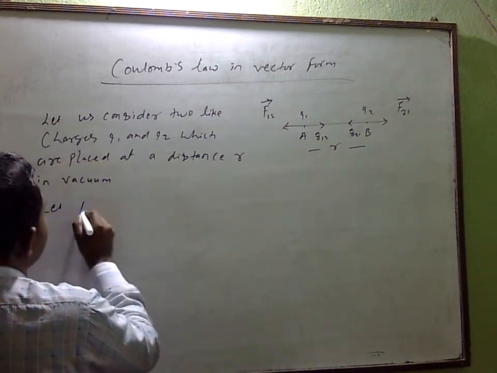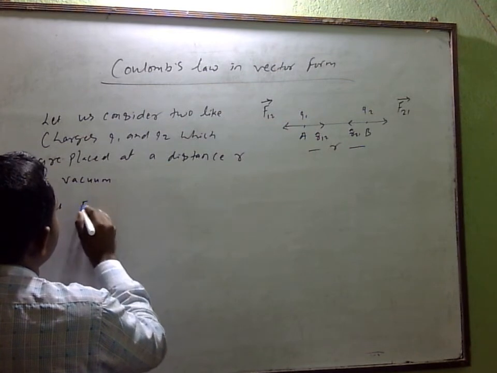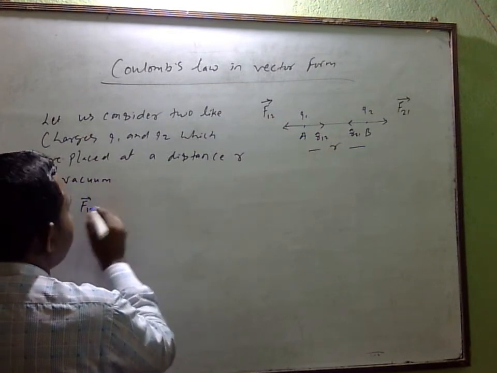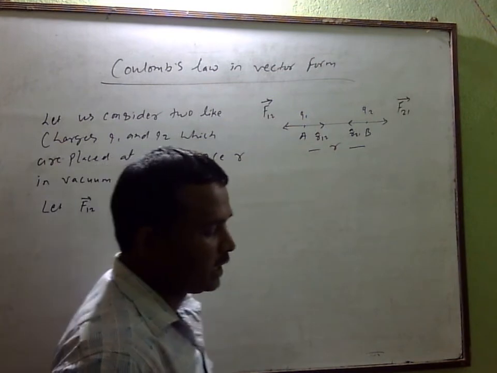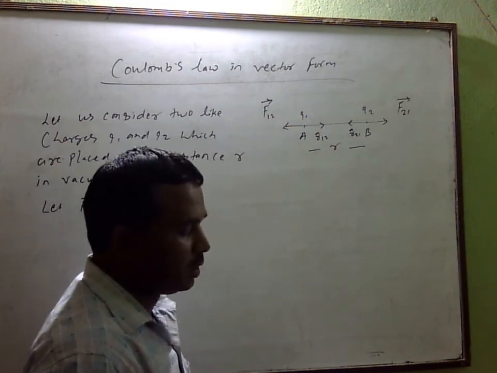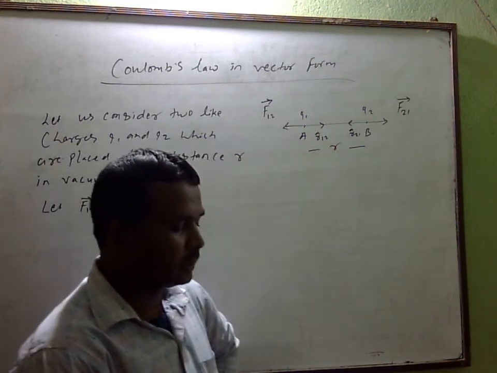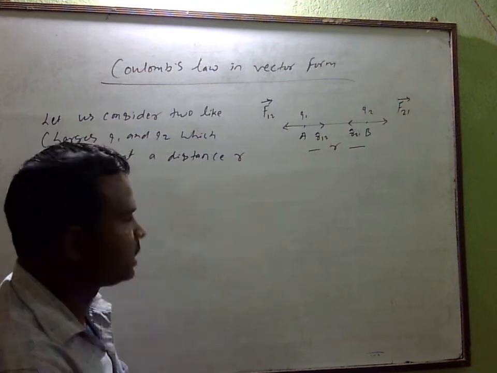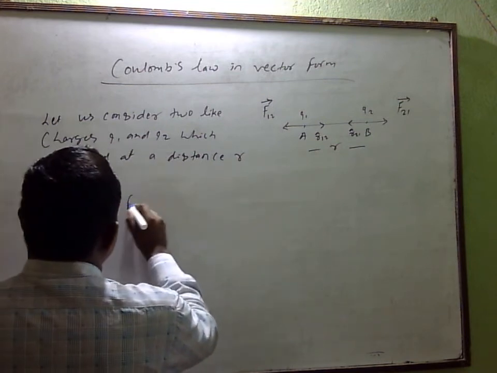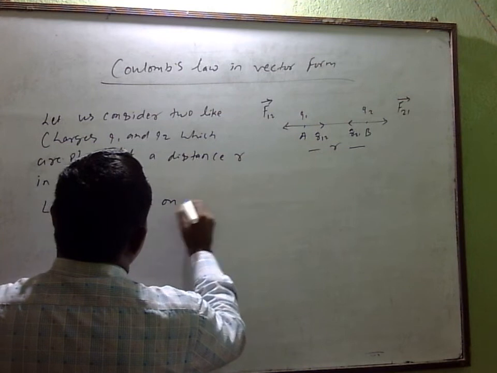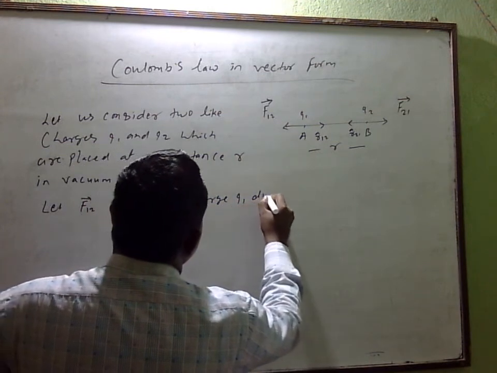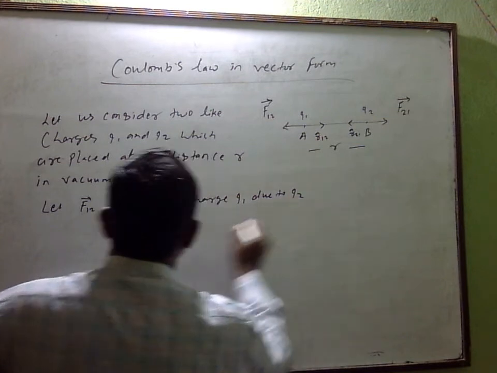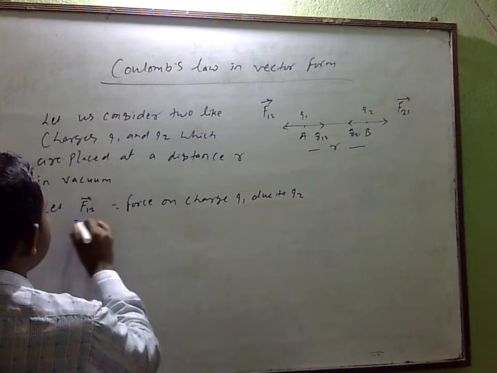Then, but what is F12? Also you can assume, let vector F12 is equal to the force experienced on charge Q1 due to Q2. And F21, what you can write here?